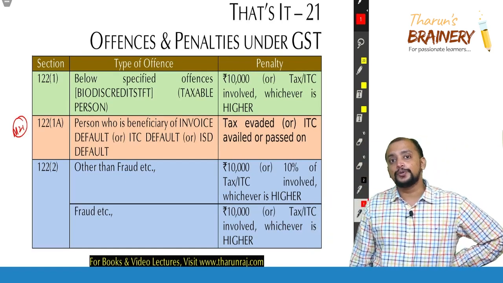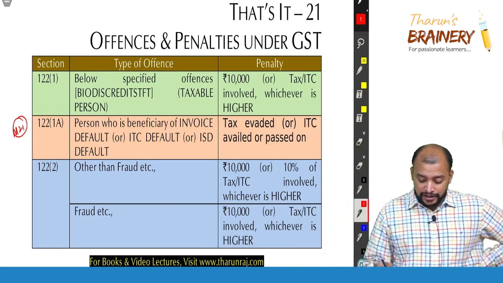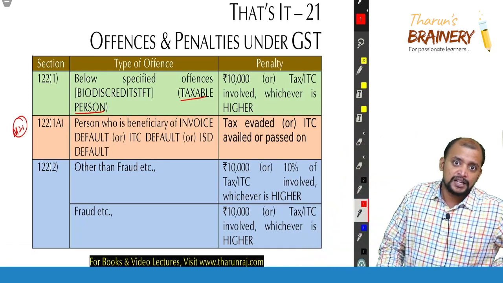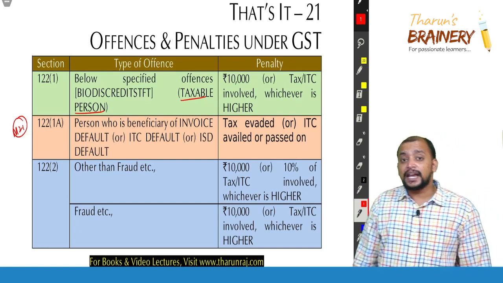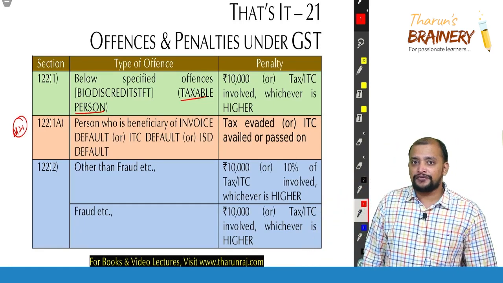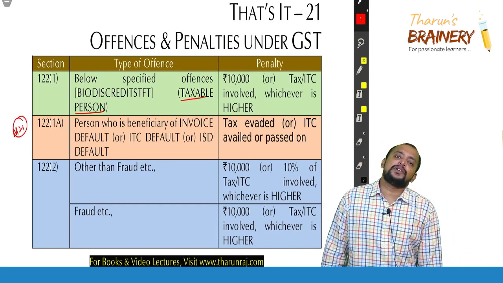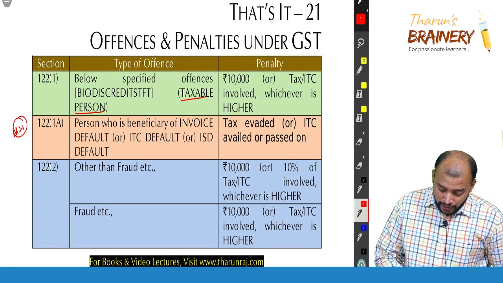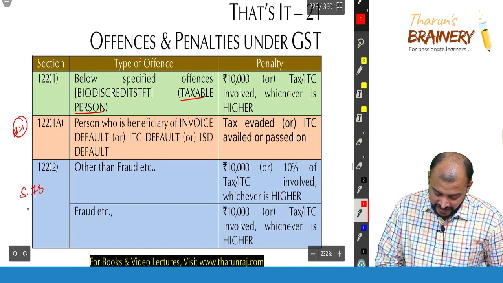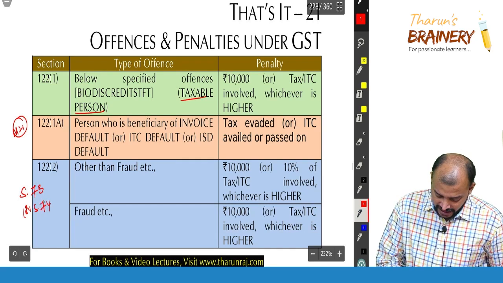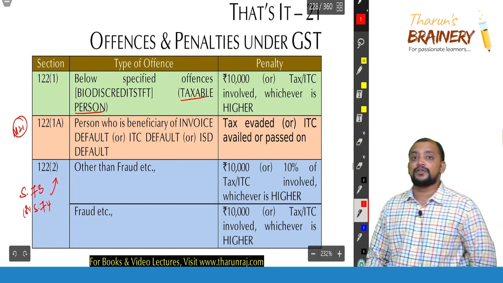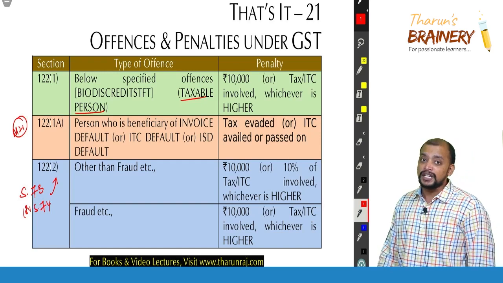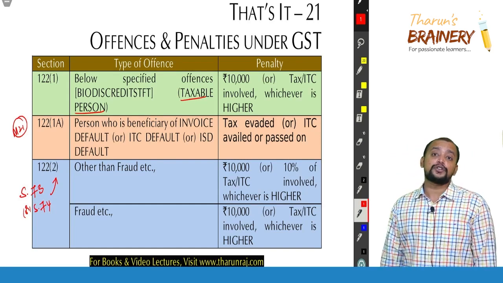Now 122 subsection 2. 122 subsection 1 is on the taxable person, whereas 122 subsection 2 is on the registered person, who is engaged in non-payment of tax, short payment of tax, wrong availment of ITC, wrong utilization of ITC and erroneous refund. 122 subsection 2 will come whenever we initiate recovery proceedings under 73 or 74 by issuing a notice.